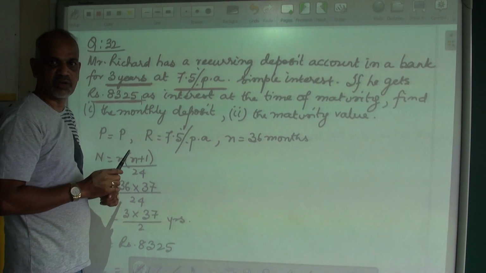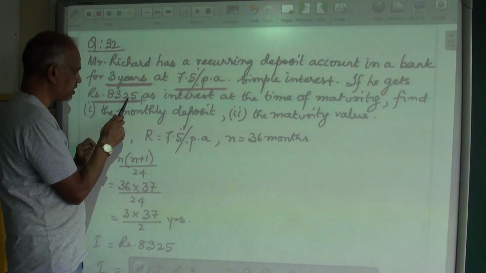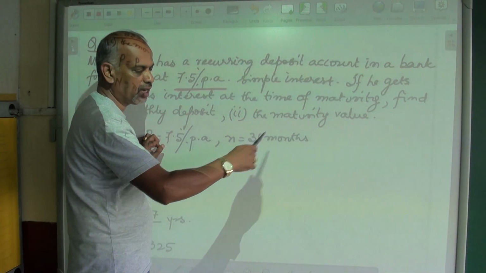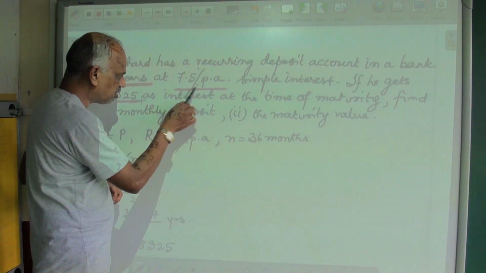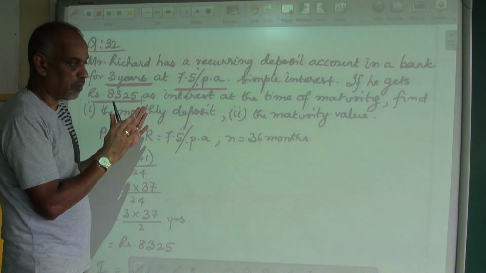This is not the maturity value. Read carefully. This is rupees 8325 as interest at the time of maturity. When it actually matures, the interest that he gets is rupees 8325. So you know the interest now.